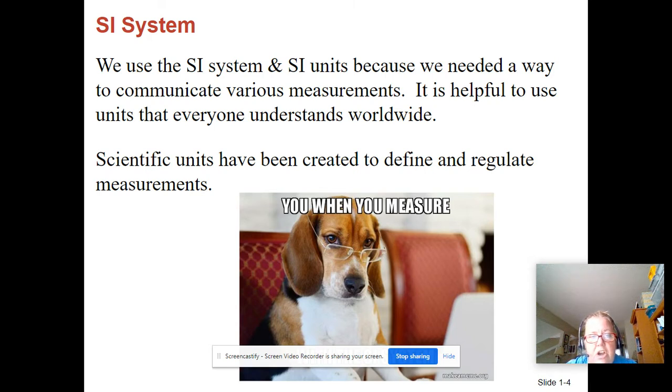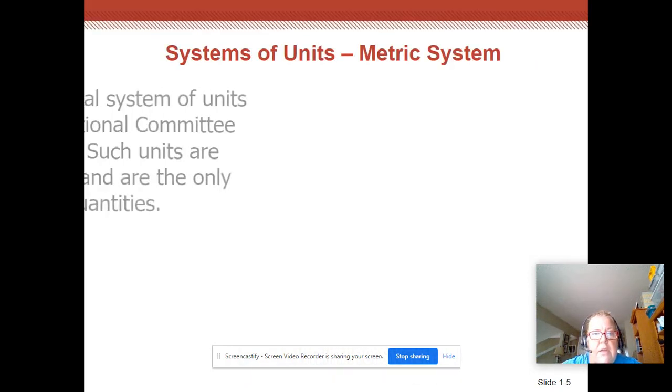Same thing with a yard: a yard would be from the nose of the king to his outstretched hand. That changed depending on who the king was. So we had to come up with some way to say this is going to be the defined measurement, and that's when the metric system was used.